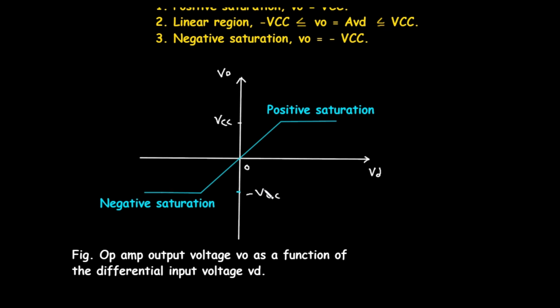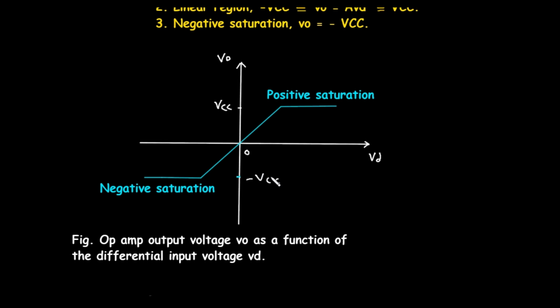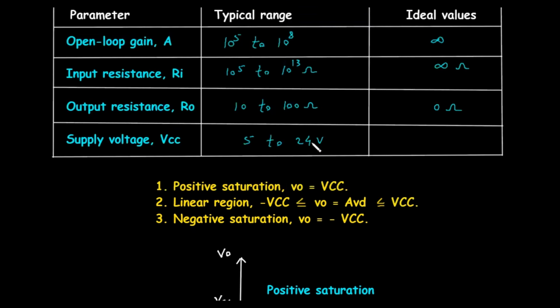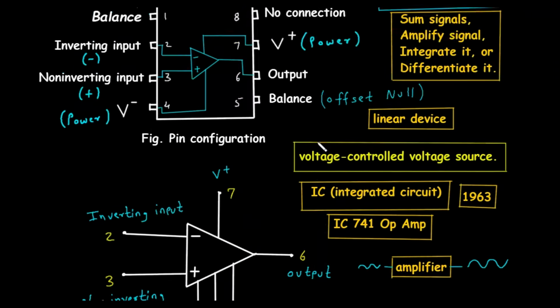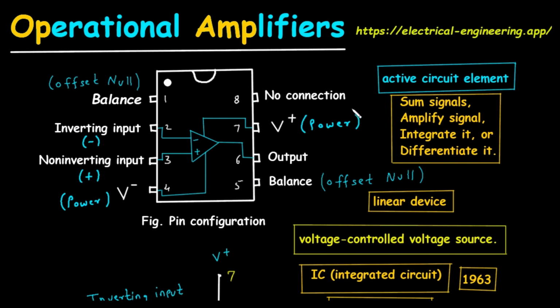Now we will see the conclusion. So there you have it. We have gone from the physical chip to the circuit symbol, and from the ideal model to the practical limitations of a real OpAmp.